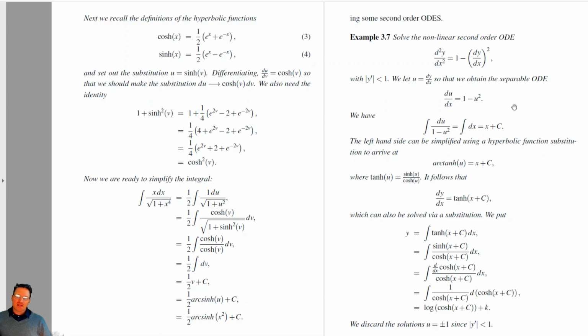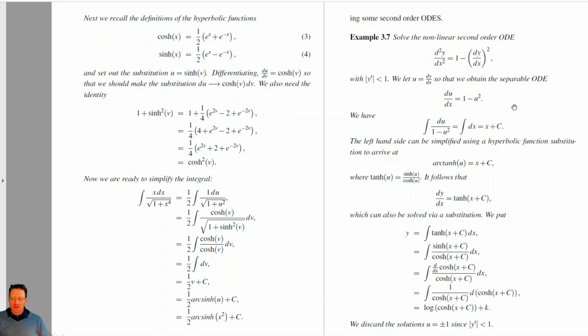So this time let's, what are we doing here? We're going to let u be equal to the quotient of sinh over cosh, which we call tanh.